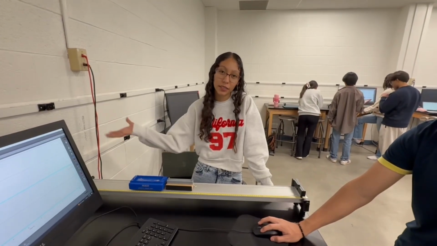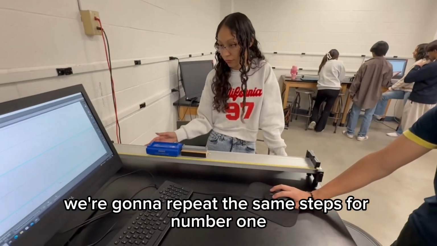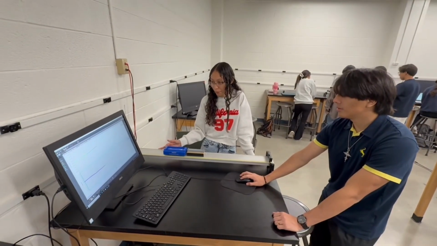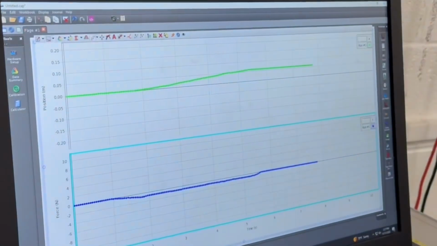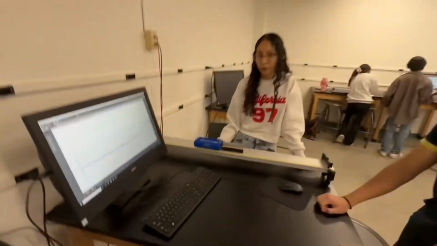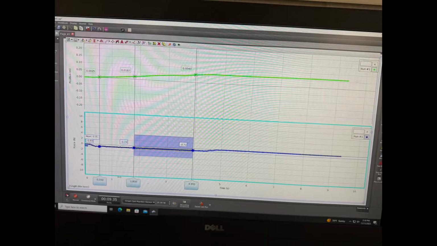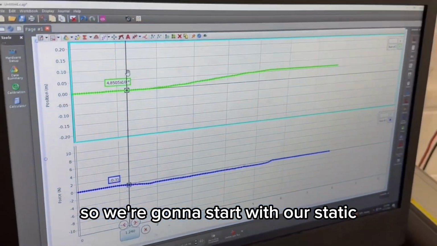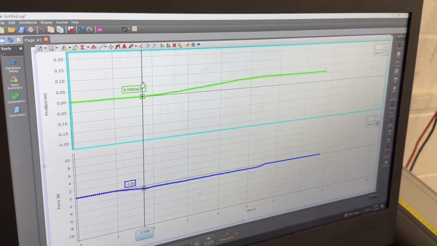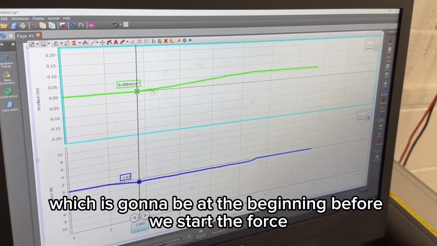So now we're going to do our trial 2. We're going to repeat the same steps as for number 1. So now we're going to get our points. We're going to start with our static point, which is going to be at the beginning before we start the force.